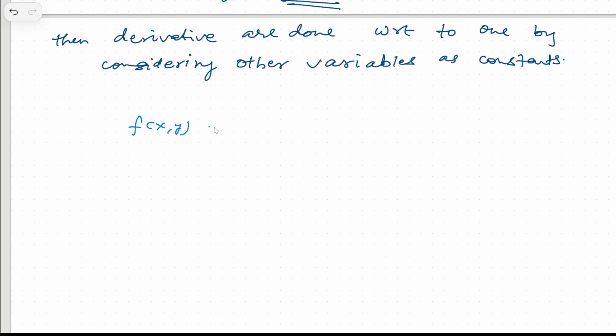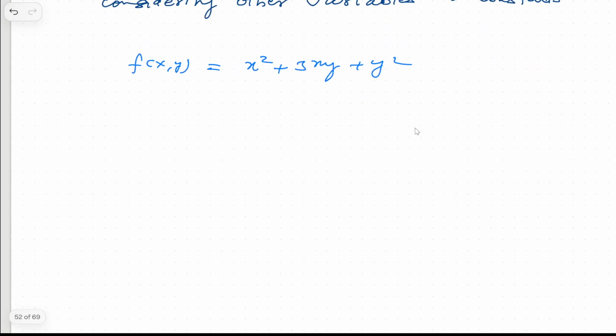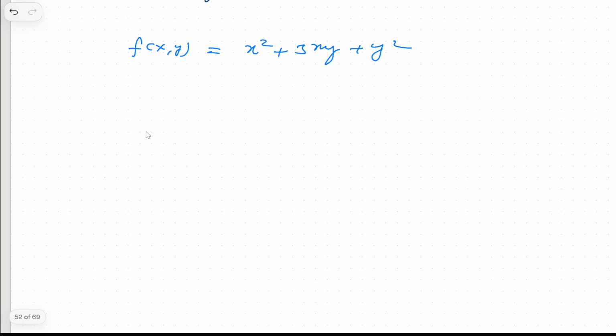If f(x,y) is, let's say, x square plus 3xy plus y square. Suppose we have this two variable function. Now if we are going to calculate the derivative of this f, we will calculate it partially.